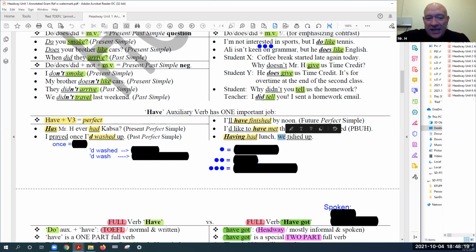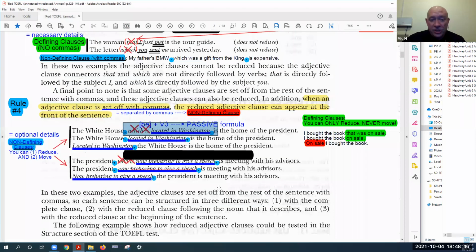We, who had lunch, tidied up. Now it sounds very strange because we don't talk like that. This is only for grammar, right? We use this a lot in English. Having had lunch, we tidied up. And that, you guys, is a reduced adjective clause.